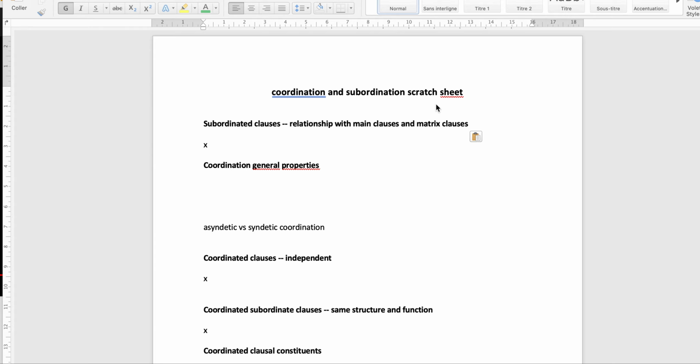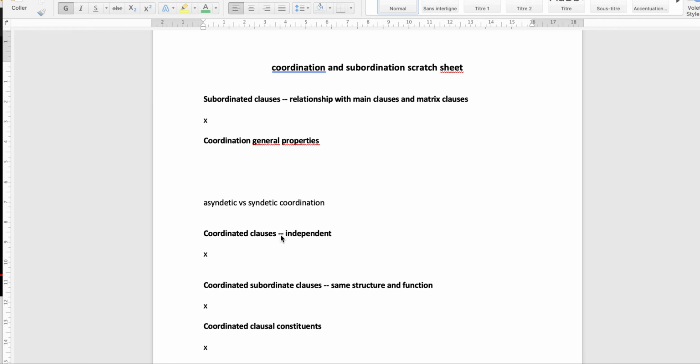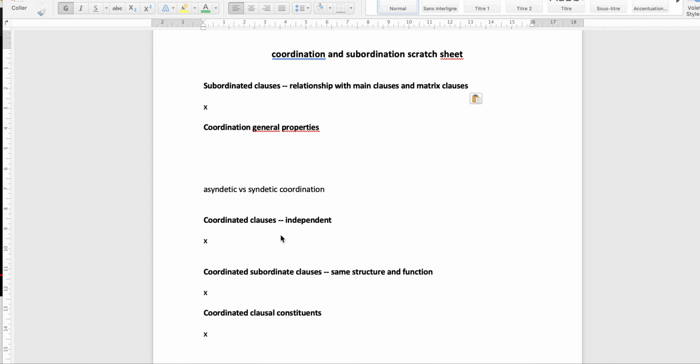So we're going to remind you of what exactly we mean when we talk about subordinate clauses, and we're going to try to be really precise about what a main clause is. We're going to learn a little bit about what a matrix clause is, and then we'll go on to considerations about coordination, and then look at what happens when the two are mixed.